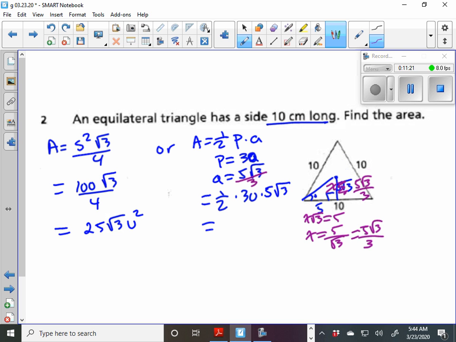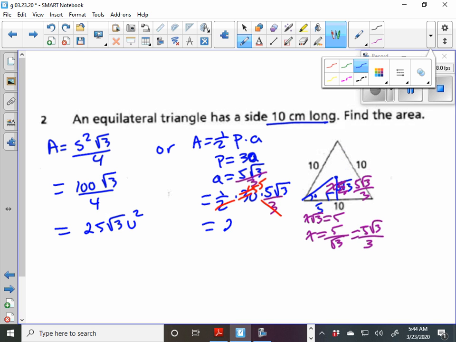Now I'll get the right answer. If I factor, 2 is going to go 15 times, 3 is going to go 5 times, and I end up with 5 times 5 is 25 root 3 units squared. And I apologize for confusing you on that, you guys.